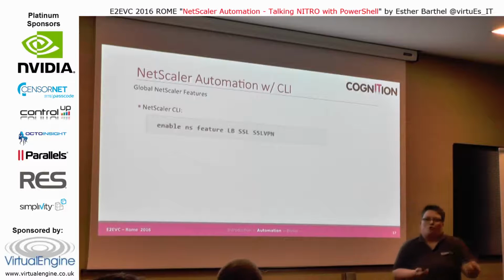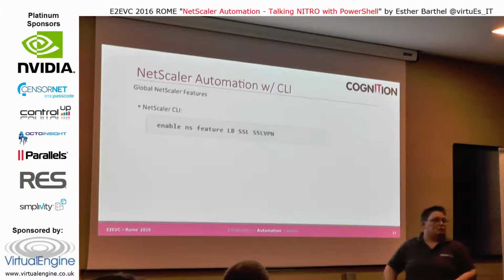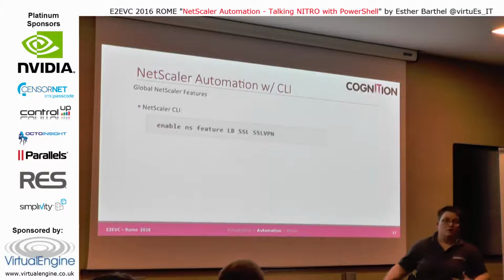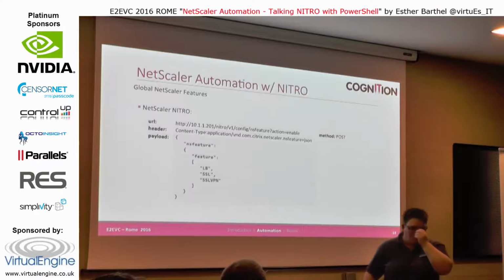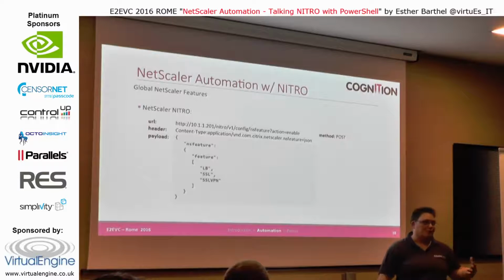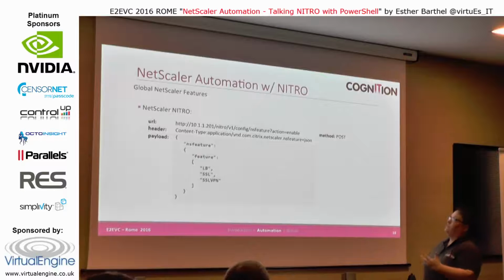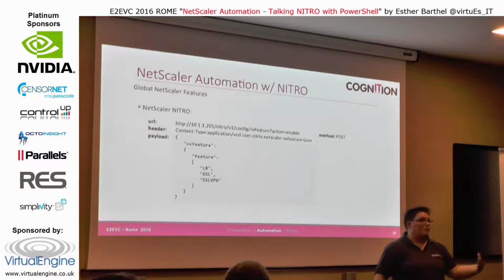To be able to automate it at least a little, we can use the command line interface, which would require typing in this command to at least enable some of the basic features of my NetScaler. Then if we move on, you'll notice that we need a bit more information to get started with NITRO, but this does the same thing, and it can be fully automated with a PowerShell script.